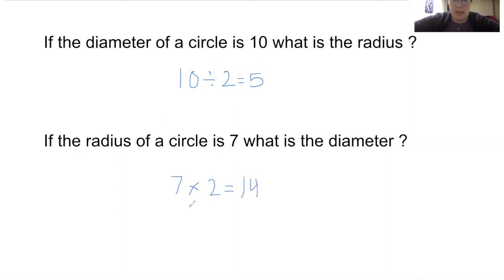So our radius is 7, and our diameter is 14. Okay, so just to review, diameter to radius, divide by 2. Radius to diameter, multiply by 2.